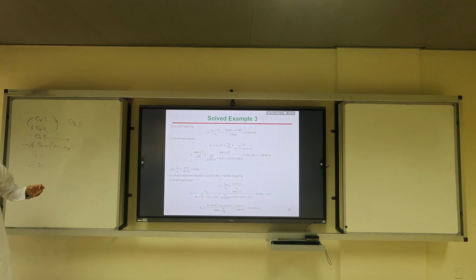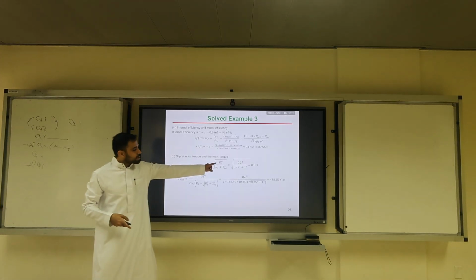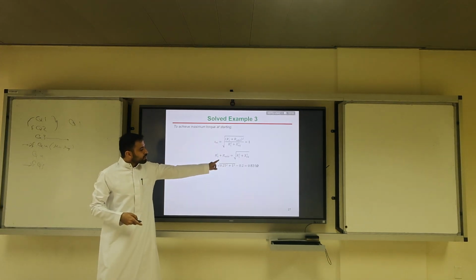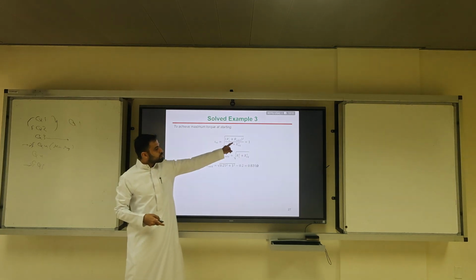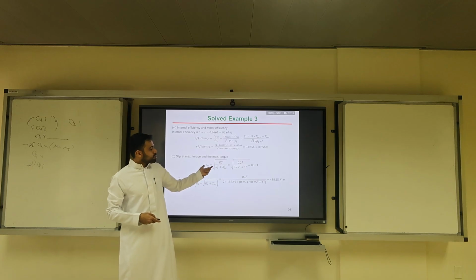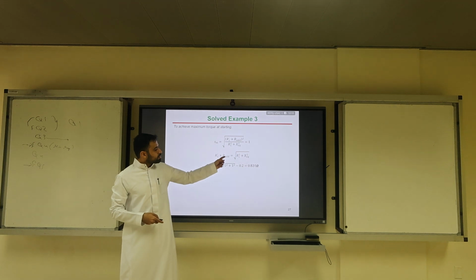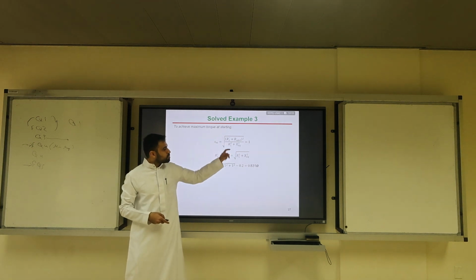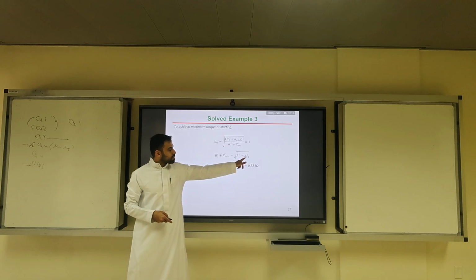So the idea here was to equate the equation of S max, which has R2 squared, so this is S max equal to square root of 2. The original equation is, you square both of them, and then you will have R2 plus R2 prime equal to R1 prime plus X equivalent squared.